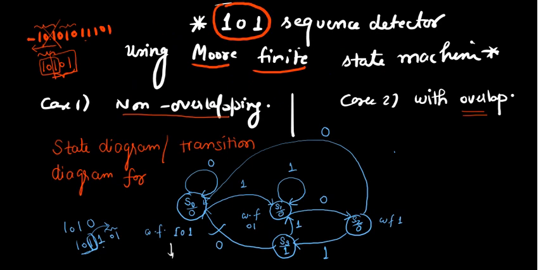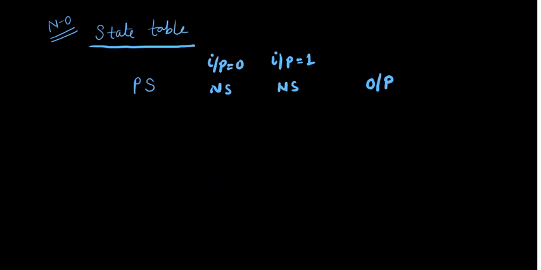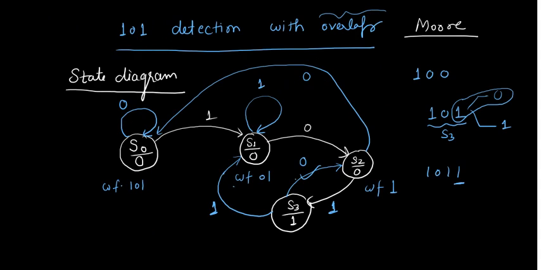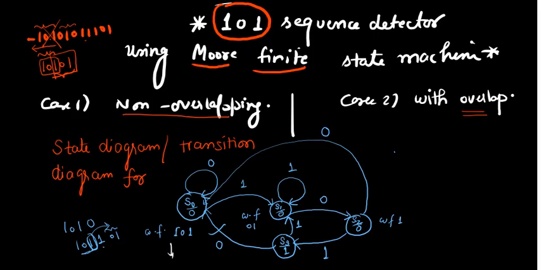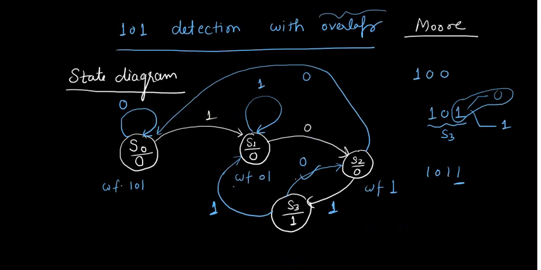So there are four states, right? S0, S1, S2, S3. Outputs are very simple to write because output only depends on the state you are in, correct? So if you are in S0, output is 0, S1 is 0, S2 is 0, S3 is 1.